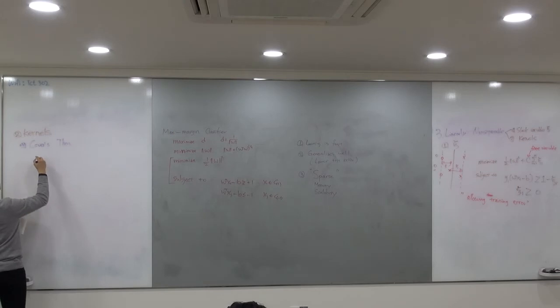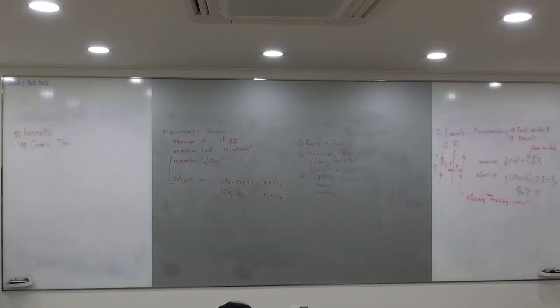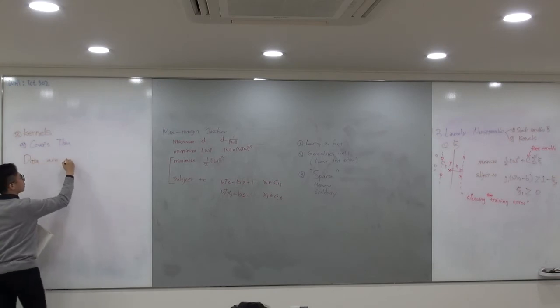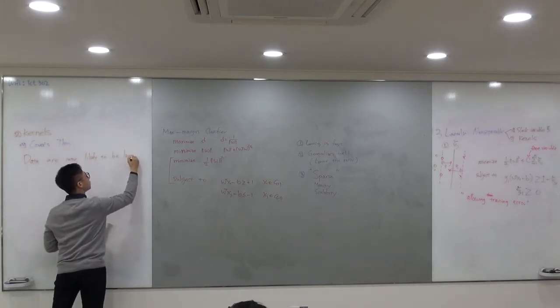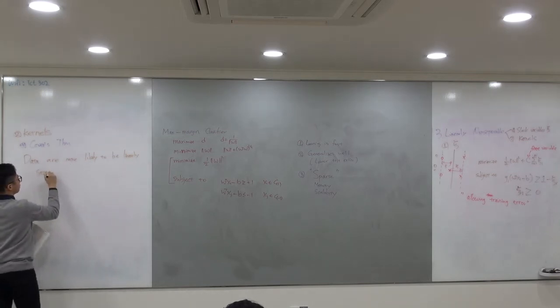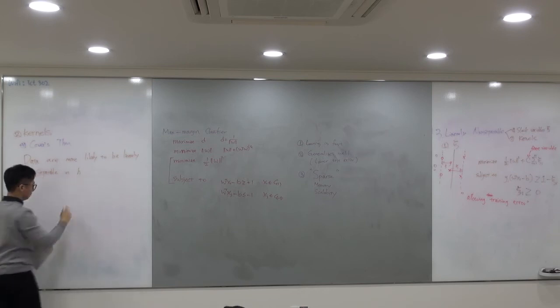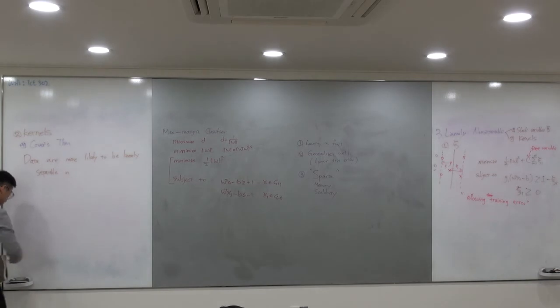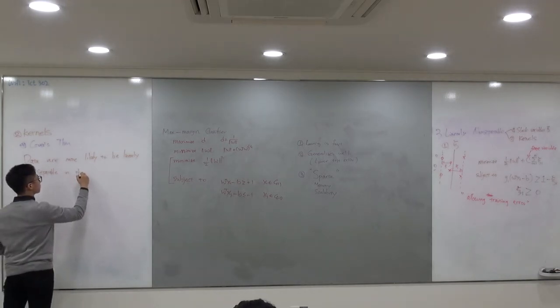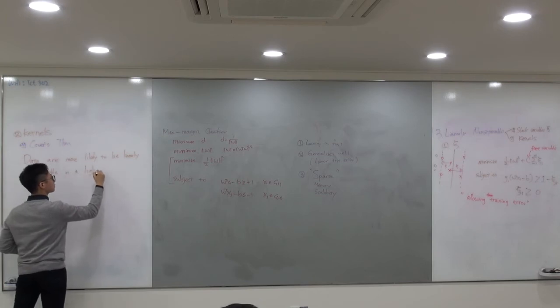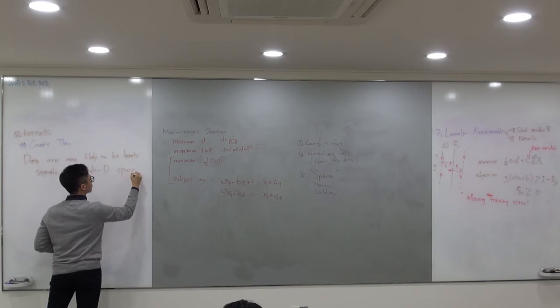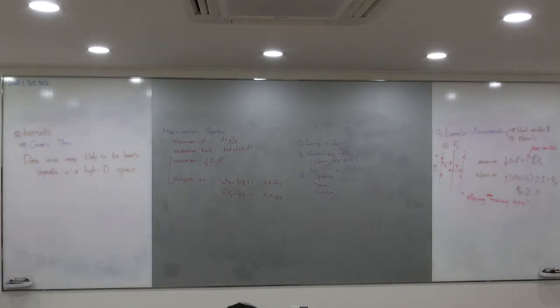So, data are... This is the intuition that data are more likely to be linearly separable in a high-dimensional space.